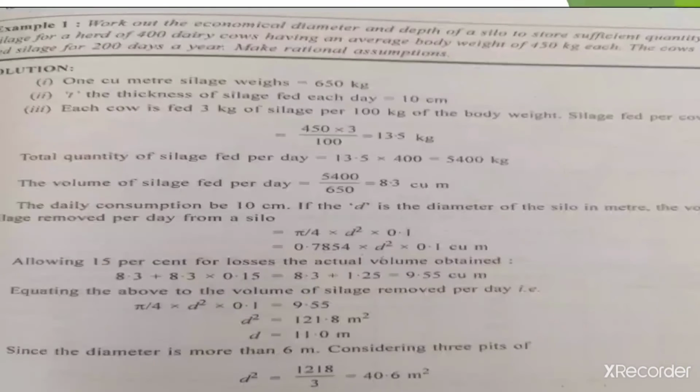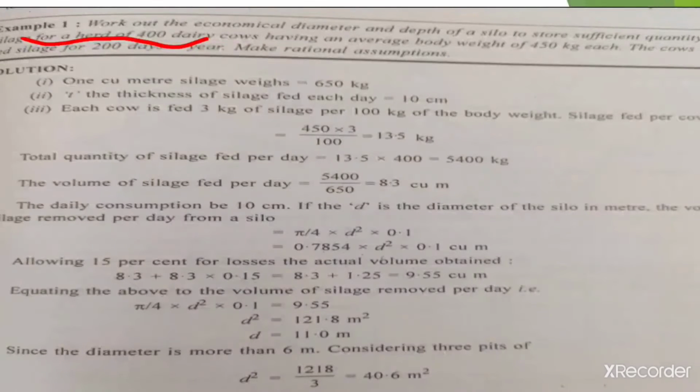Now let's see the examples on the pit silo. The first example is to work out the economical diameter. It means to find the diameter and depth of the silo to store a sufficient quantity of silage for a herd of 400 dairy cows.